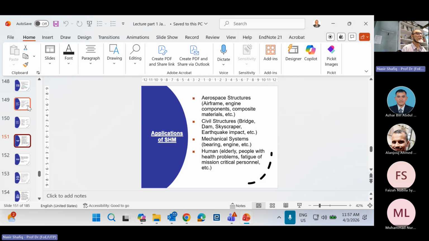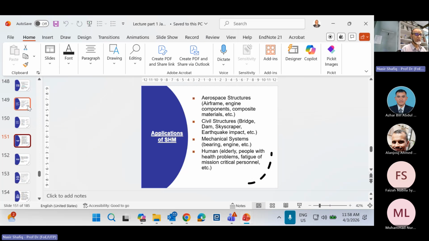Currently, aerospace was the first discipline, right? For aircraft safety, they have come to use SHM on the airframe, which means the structure of the aircraft, engine components, composite material, and so on. Civil structures, because they are critical: bridges, dams, skyscrapers, earthquake impact.